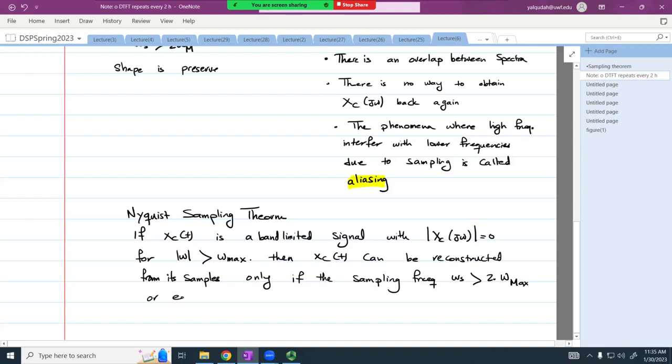Or equivalently, T has to be less than pi over omega max.